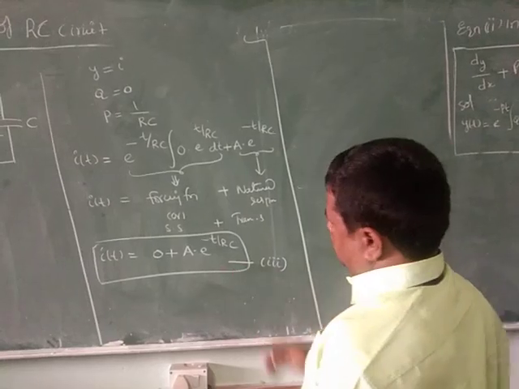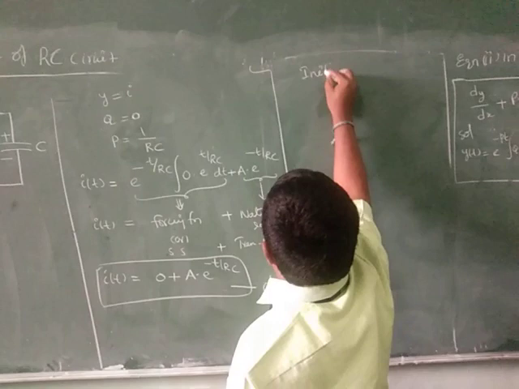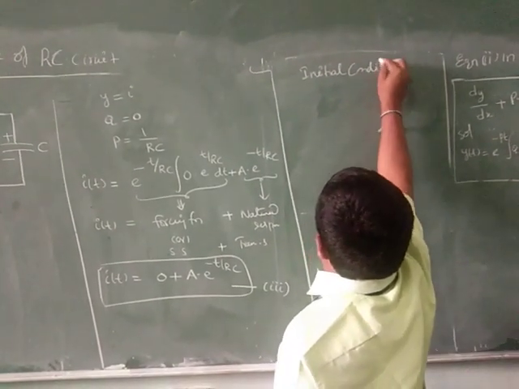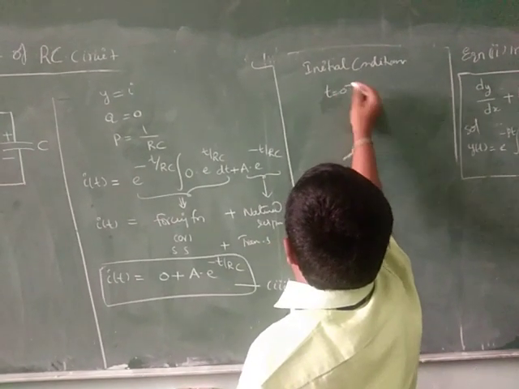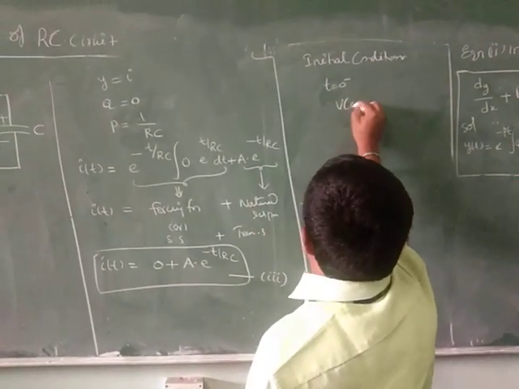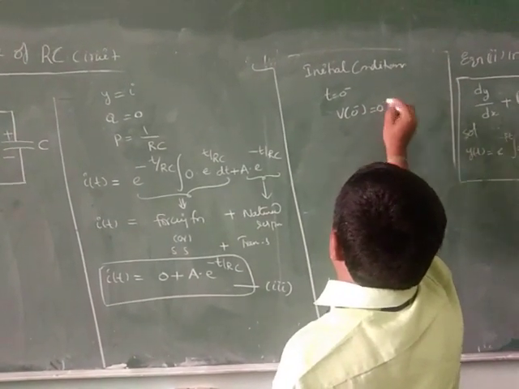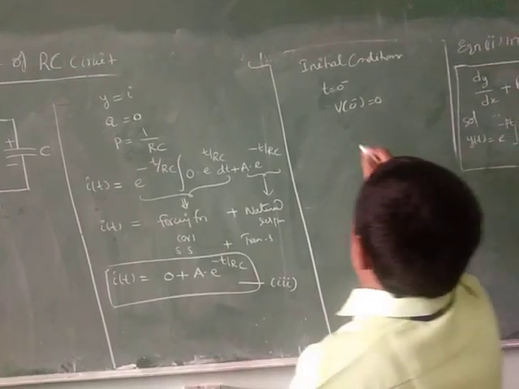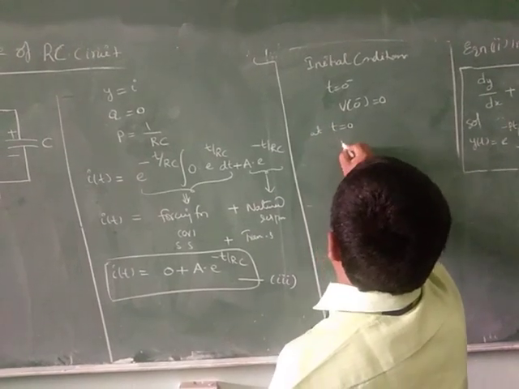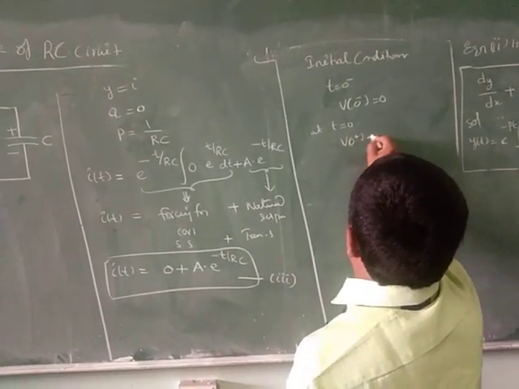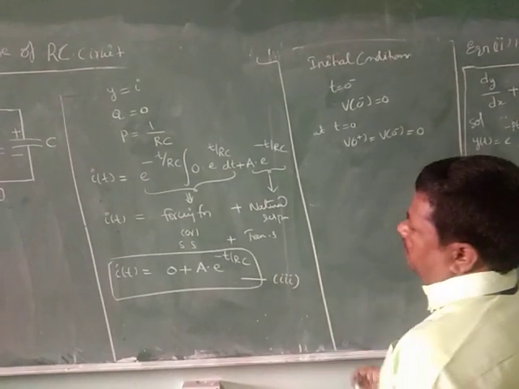The value of a is found by using initial conditions. It is given that v of 0 minus is equal to 0. At t equal to 0 the switch is closed, and v of 0 plus is equal to v of 0 minus, that is 0.